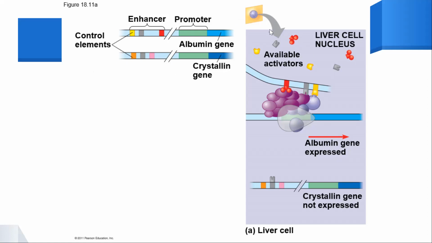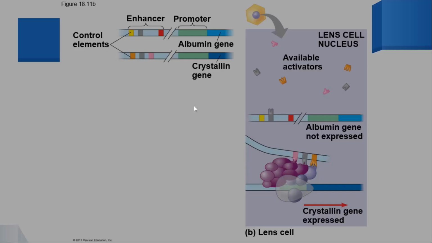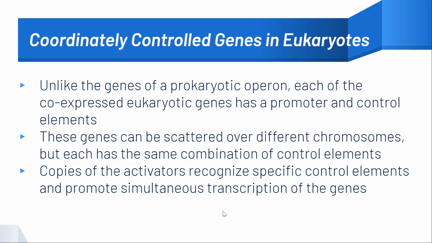So the liver cell is going to have the activator available for the albumin gene, but the lens cell is going to have the activators present for the crystallin gene so that it can make the crystallin protein necessary for a clear lens in your eyeball. So different activators are going to be present in different cells, and different switches are going to be turned on in those different cells.